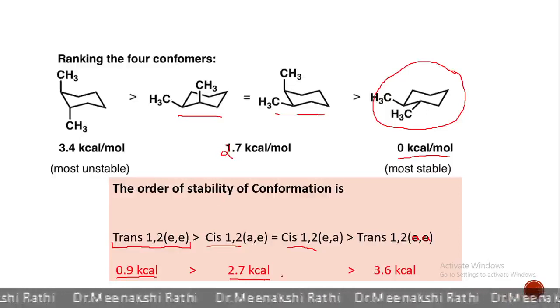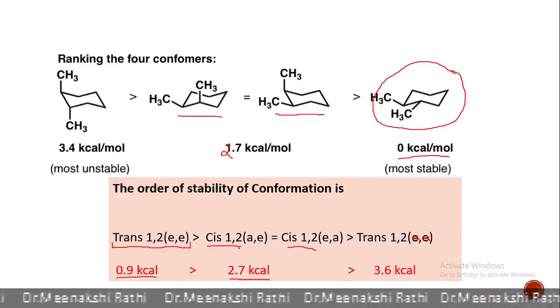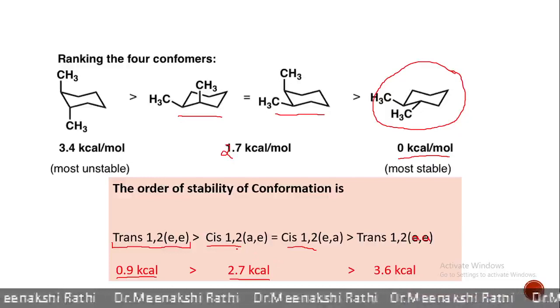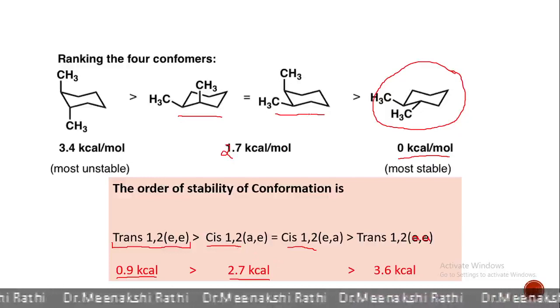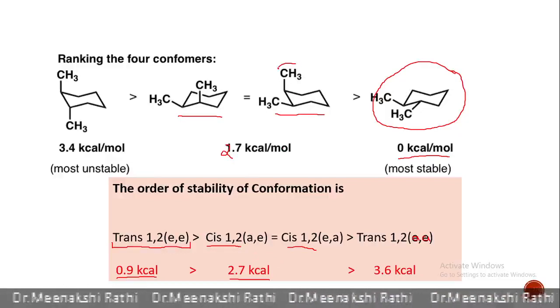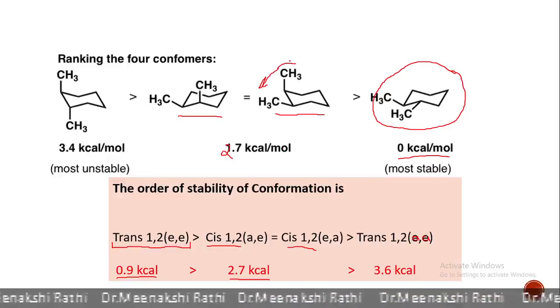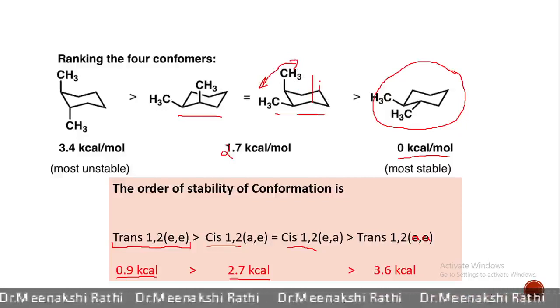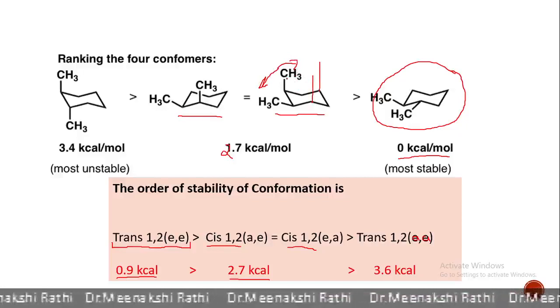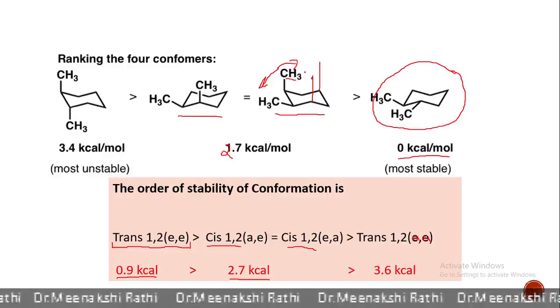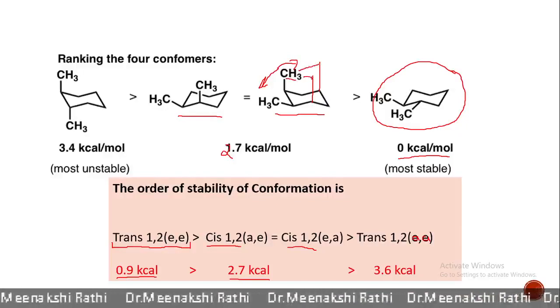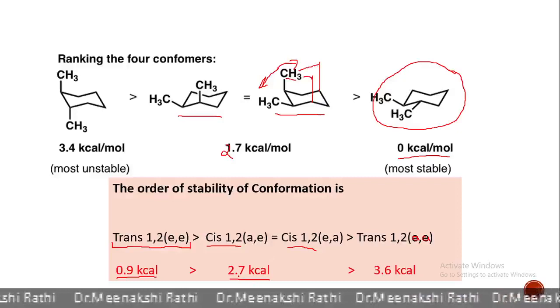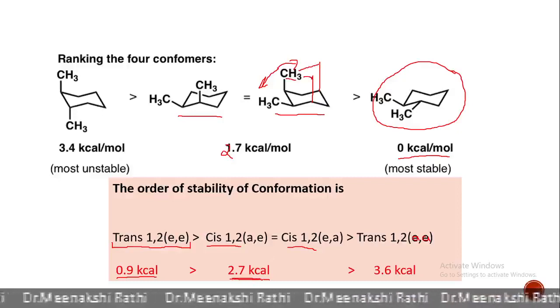And how have we calculated this? Because in cis 1,2-dimethyl, there is one gauche interaction between these two methyl groups, and 1,3-diaxial interaction between this methyl and hydrogen, and methyl and hydrogen. So its energy is 2.7 kilocalorie.